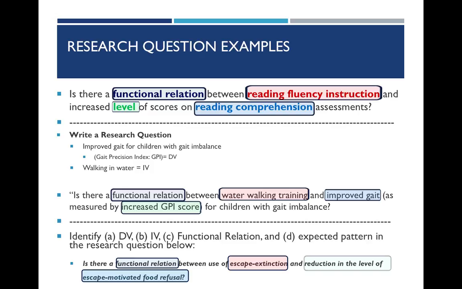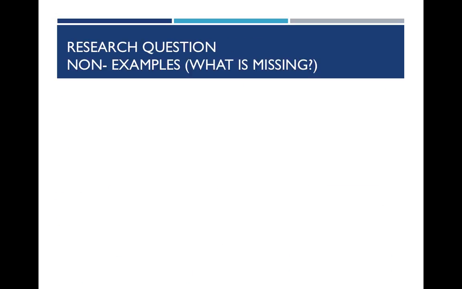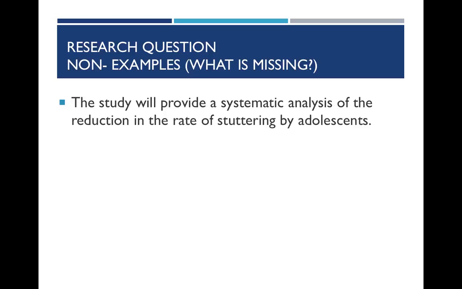Clearly it's experimental in nature, and we're looking for reduction in the level. Not complicated, but the number of research questions that we look at that do not include these four features is high. All right, so let's build fluency at this same basic idea.